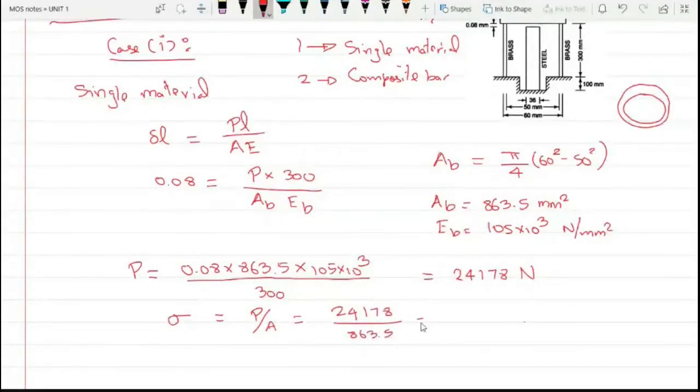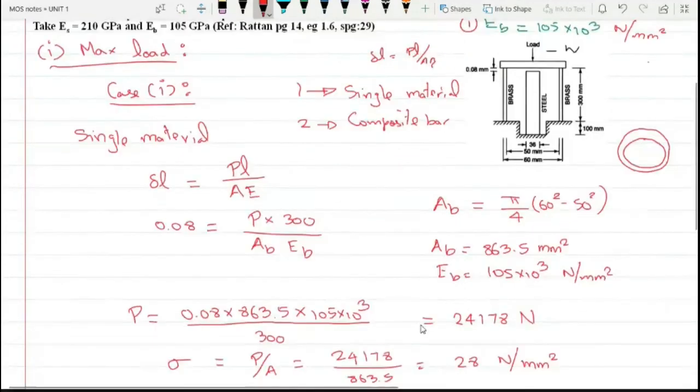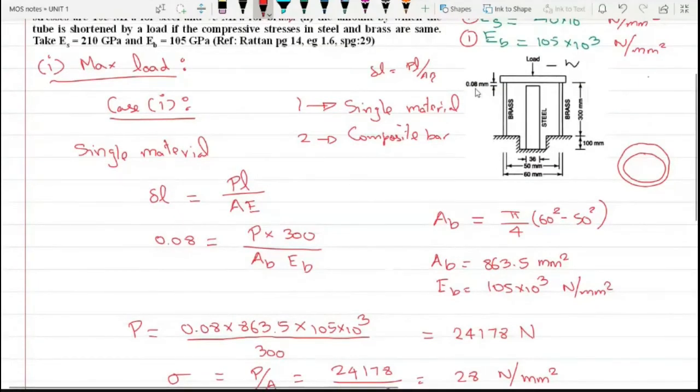You may ask, P by A is stress, why can't we directly solve it? But I need the load value also, because the question is to identify the load value. So what is the value for this? It's 28 Newton per mm square. So this is up to 0.08 mm.